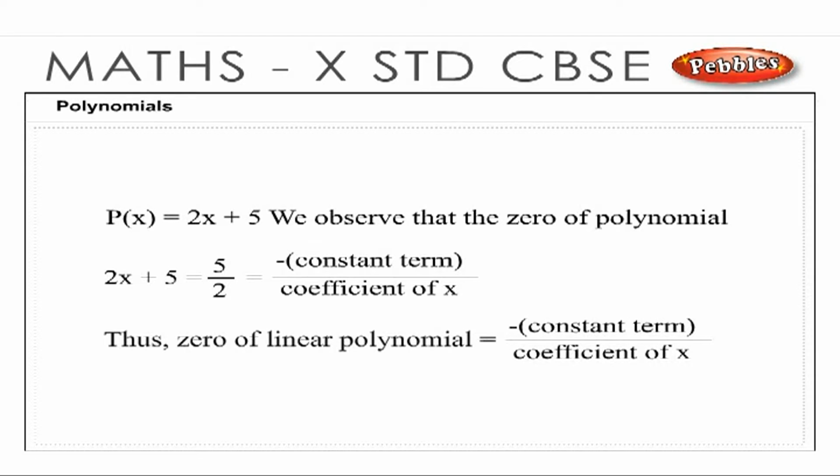We observe that the zero of the polynomial 2x plus 5, which is minus 5 by 2, is equal to minus the constant term by the coefficient of x. Thus, the zero of a linear polynomial is equal to minus the constant term by the coefficient of x.